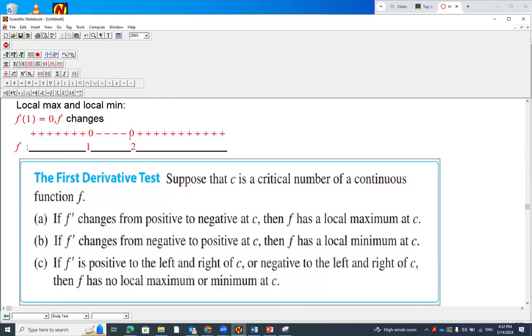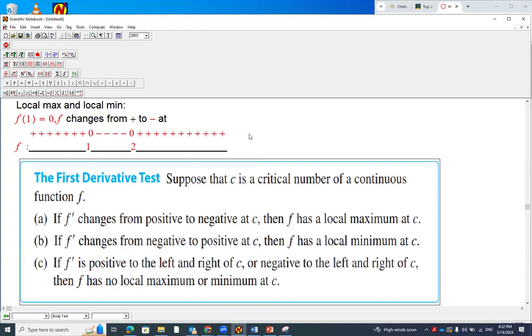Then you say f prime changes, right? You copy word for word, right? At a critical number, f prime changes from positive, you can even use some shorthand notation, to negative, at 1.